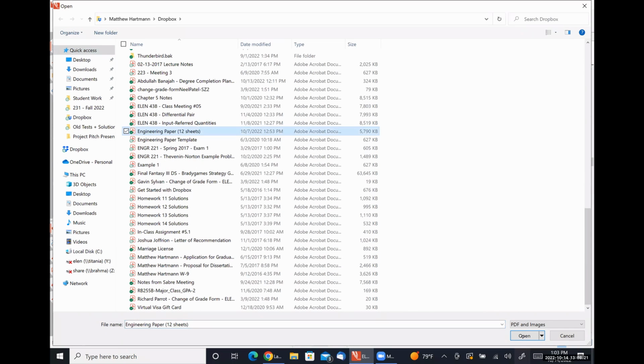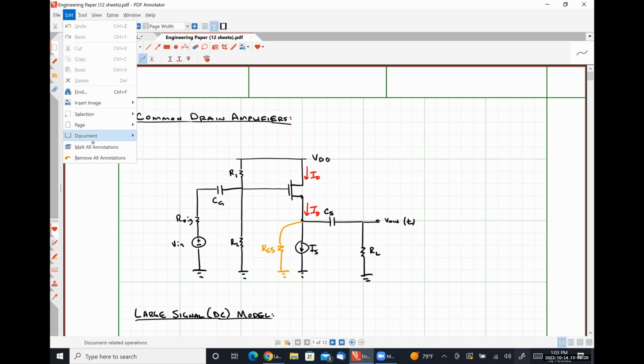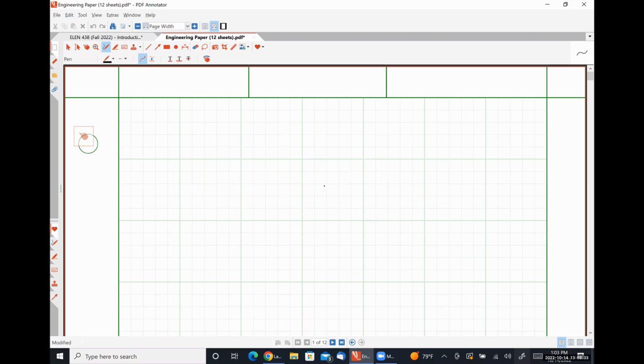Engineering paper 12 sheets. Remove this. So we are about to talk about biasing current mirrors. And what we are talking about specifically is, what do we replace our ideal current source with?